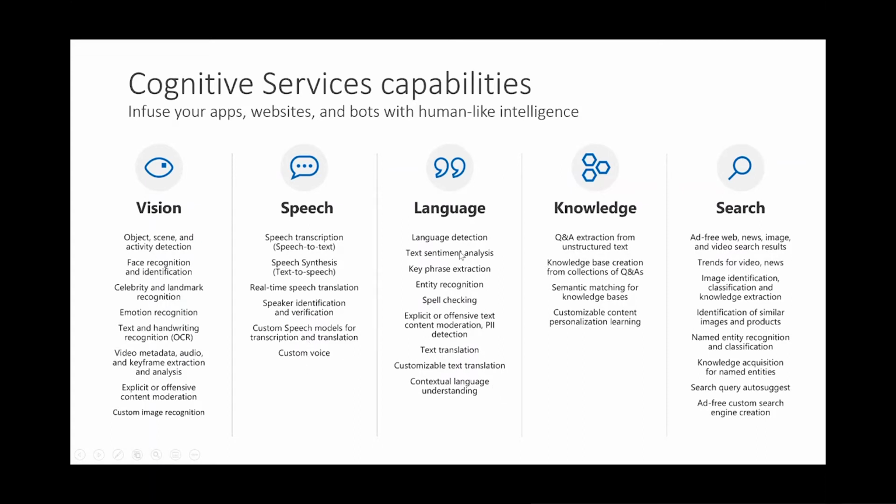And of course, there's more as well, like language understanding with sentiment analysis, knowledge extraction, and a whole plethora of services with Bing image and video search APIs. But I just wanted to give you a sense of what's possible, because oftentimes when you're working with ML models, you don't have to build everything from scratch.